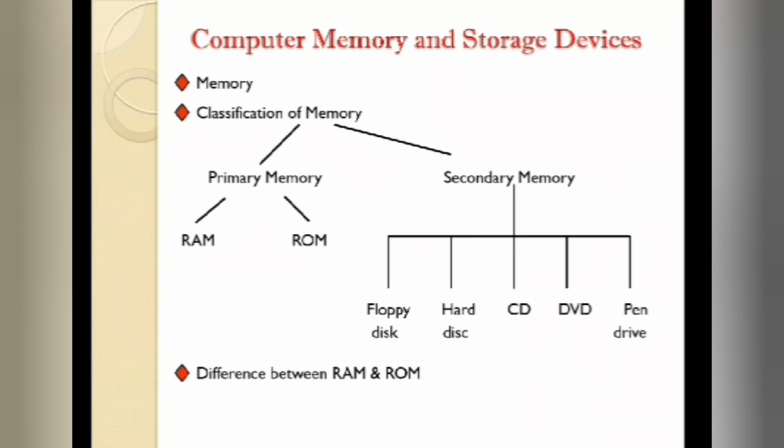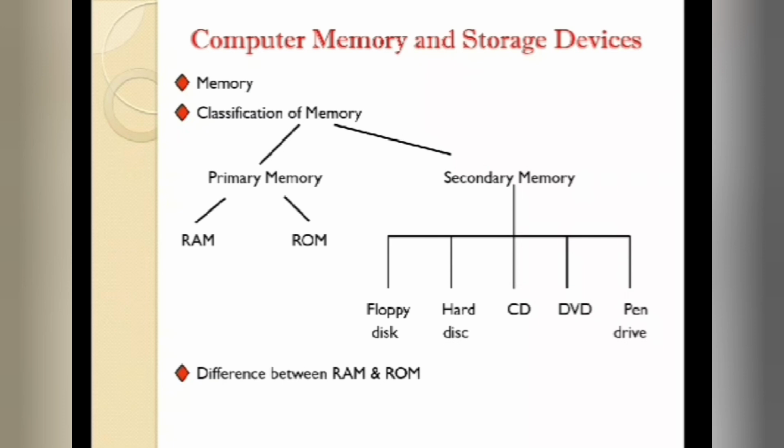In this class, we have discussed the primary memory only. Primary memory has limited storage capacity. It is in the form of chips which are fixed on the motherboard.